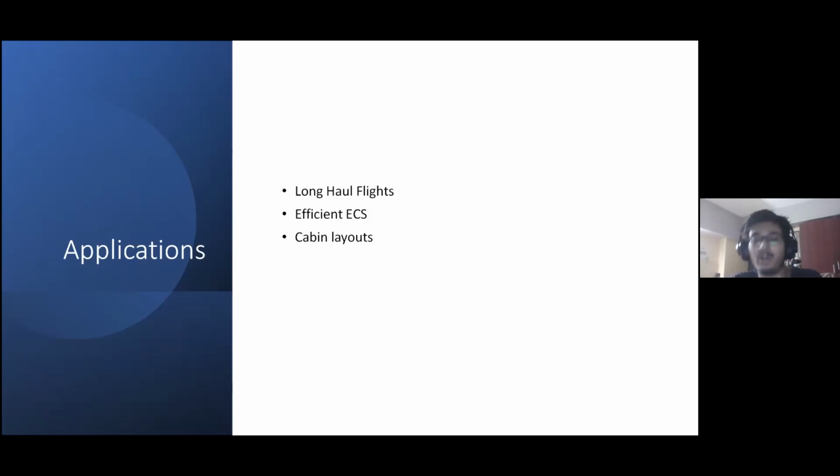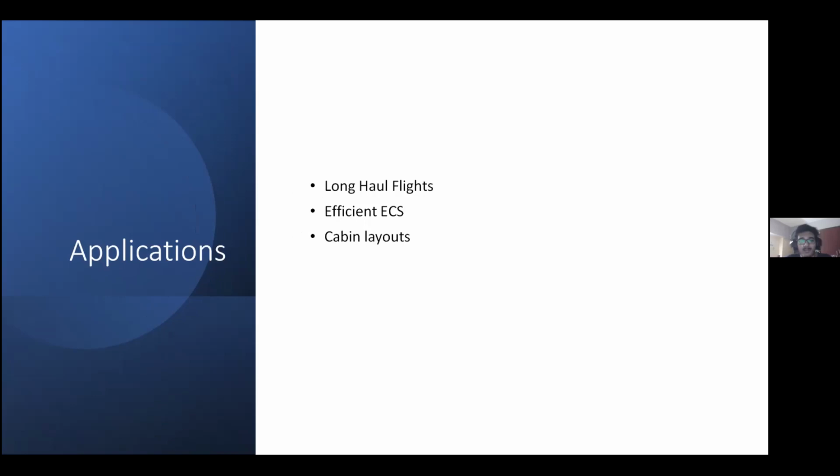It is to create a model in which all the parameters that go into defining thermal comfort can be brought under one roof, and from there engineers can change and experiment and come up with the best possible ECS system for one particular application as well. So this is very important for long haul flights. Even though in this study we only consider short haul flights, it is even more important for long haul flights.